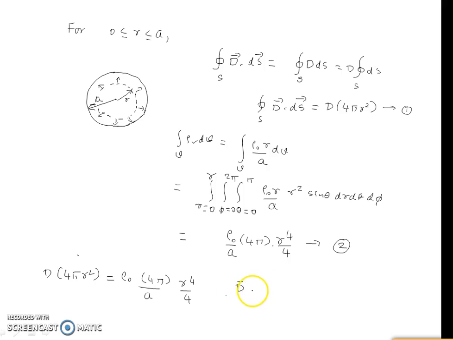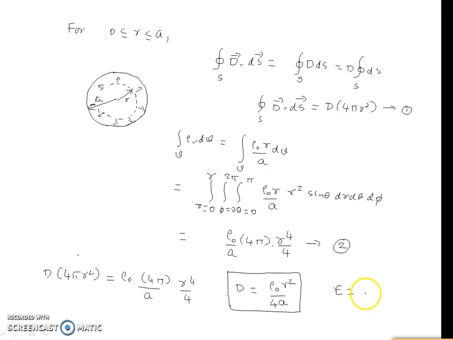By equating 1 and 2 we get the flux density at this point r, that is a distance r from the center, is given by this expression, that is rho naught r square by 4a.